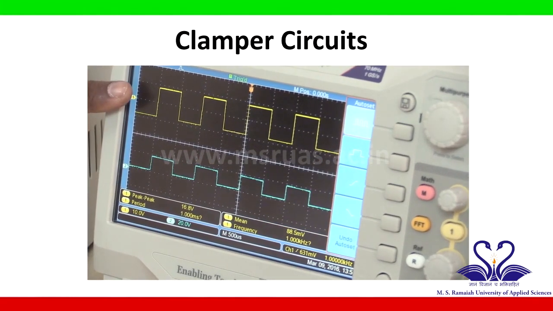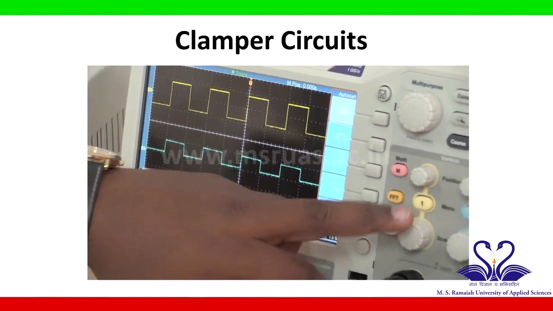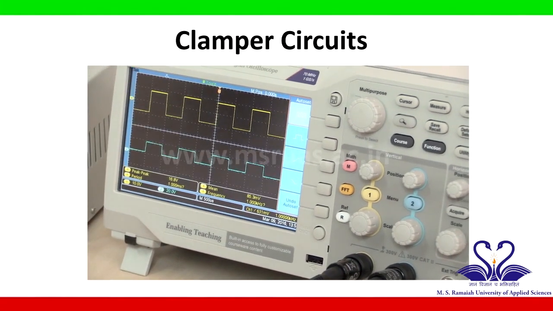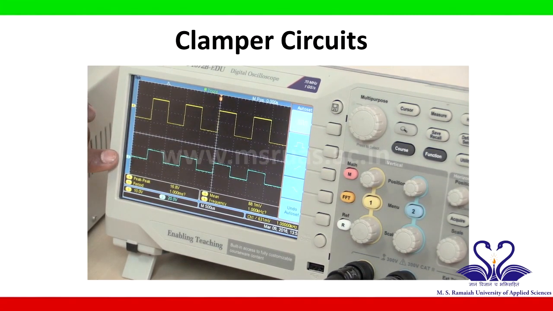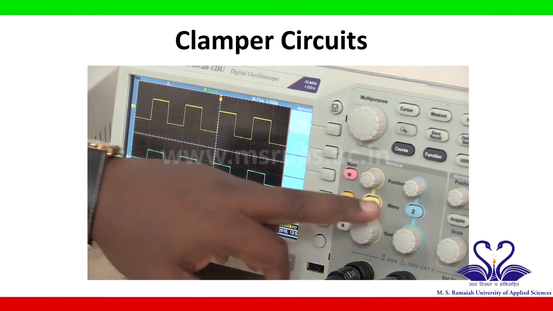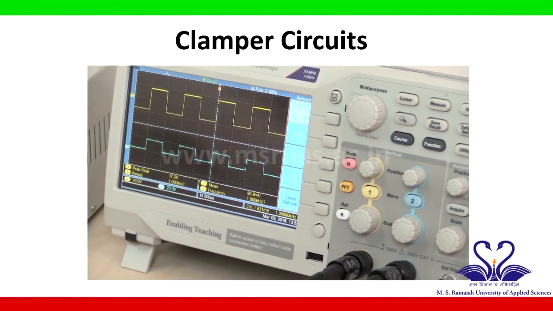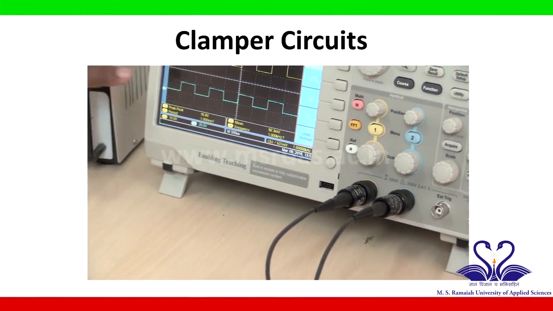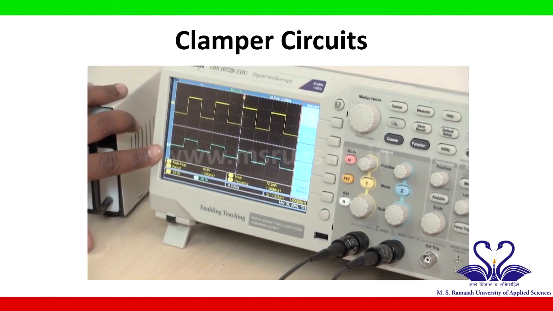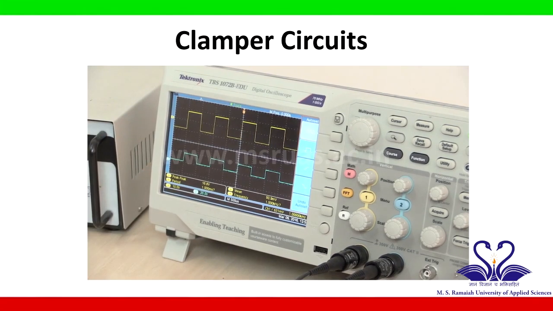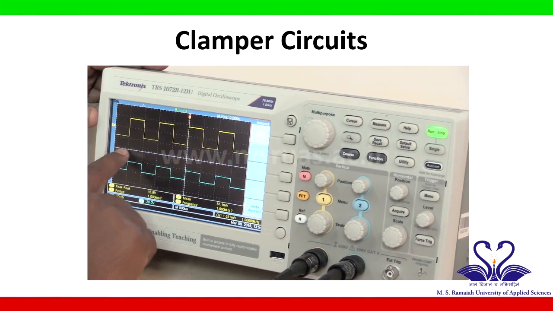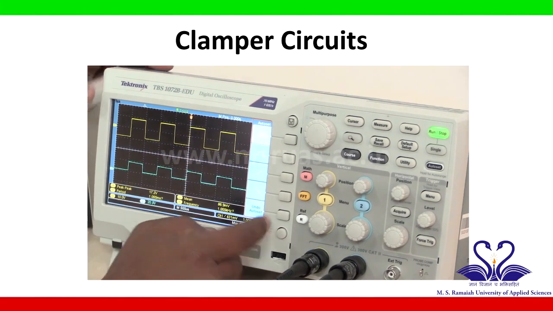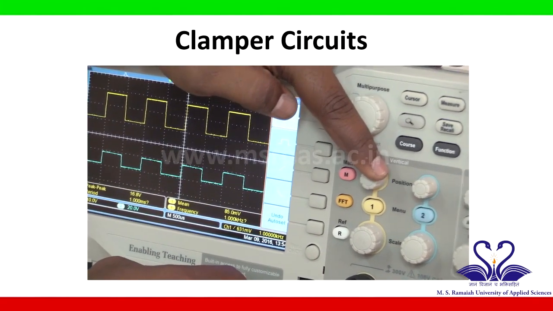The yellow color signal is the channel 1 signal which we have connected to the input. So the yellow signal is the input voltage, and the light blue color signal is the channel 2 signal which we have connected to the output voltage. So light blue is the output voltage. I will move this input voltage and output voltage to the reference line in the display by using this vertical position.